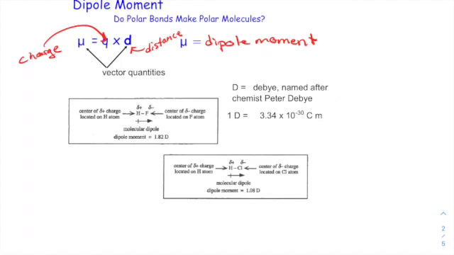If we take a look at this, we can see that the molecular dipole for HF is 1.82, HCl only 1.08, because, as we just mentioned, that chlorine atom's valence electrons are farther from the chlorine nucleus, so the bond is farther from the nucleus, less attraction, less polar.